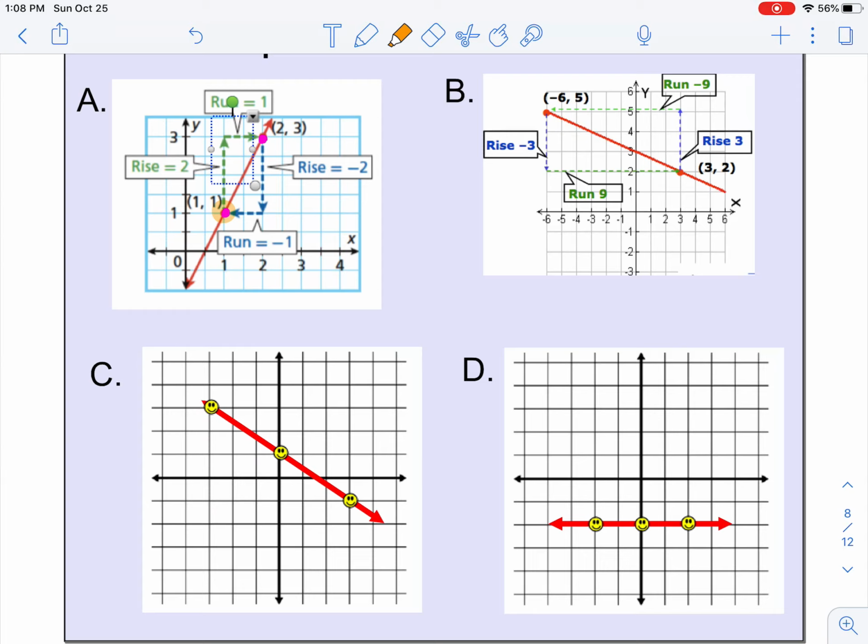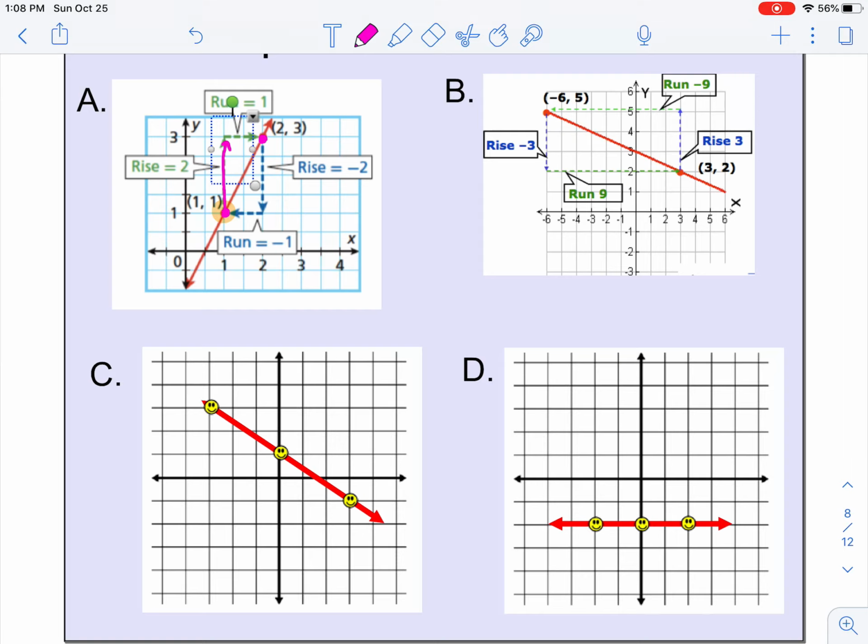It doesn't really matter which point I start with. I usually like to start with the one on the left and work to the right. So if I do that, then I am going up. I am rising. How far am I rising? From this to this, my rise is going up.